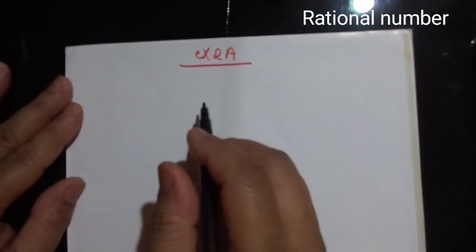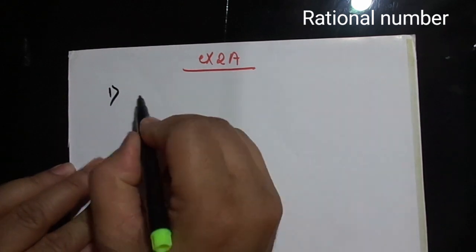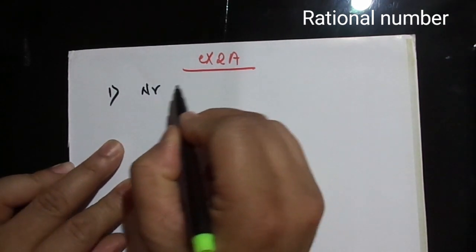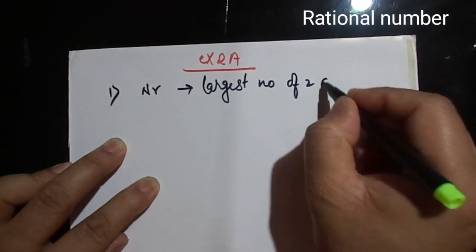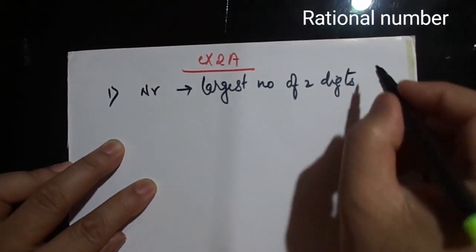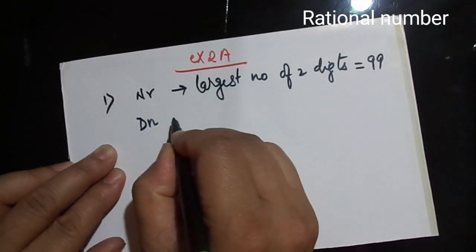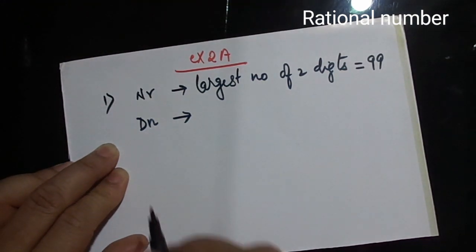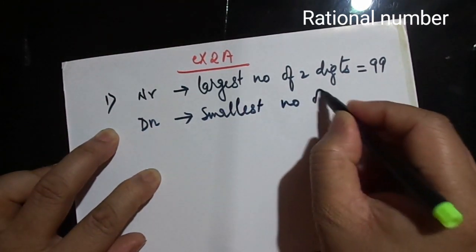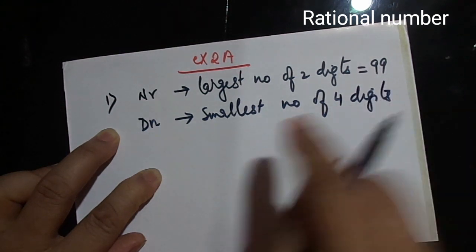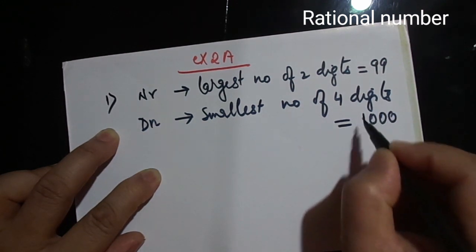In question number 1, it says your rational number should have the numerator as the largest number of 2 digits and the denominator as the smallest number of 4 digits. The largest number of 2 digits is 99, and the smallest number of 4 digits is 1000.